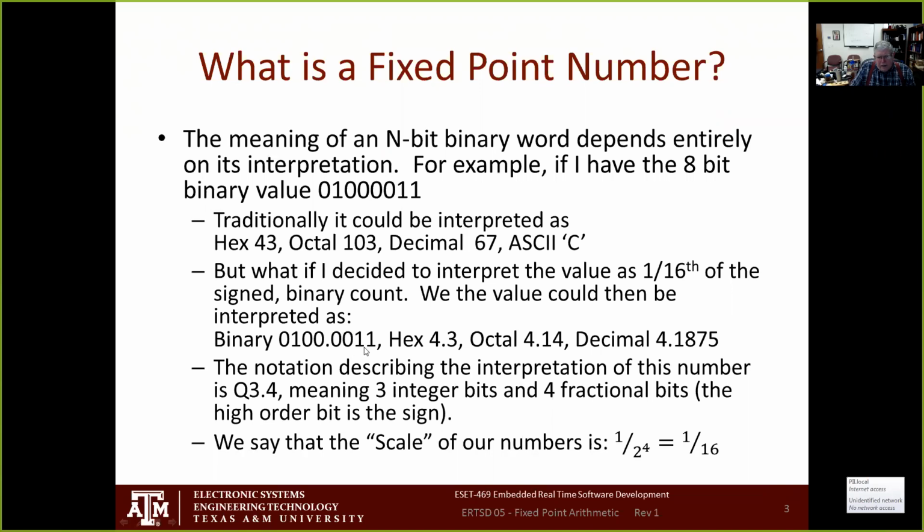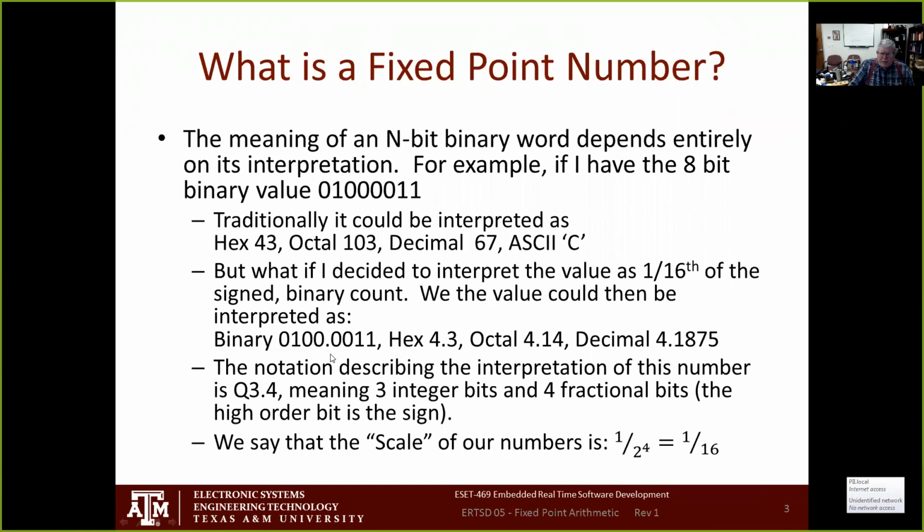So you got, that is 1, and pretend that you got 2 more digits there, so that would be 14. And decimal, 4.1875. How did that number get to be 4.1875? Well, let's talk about this.